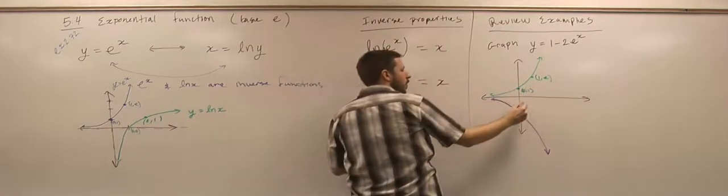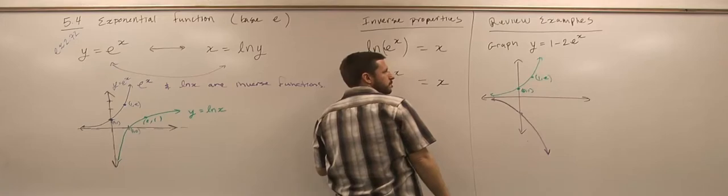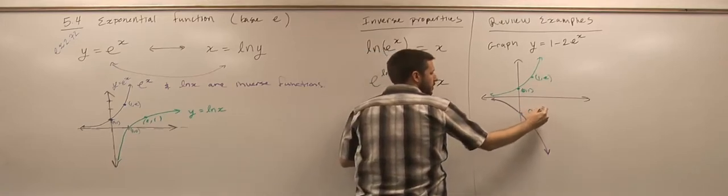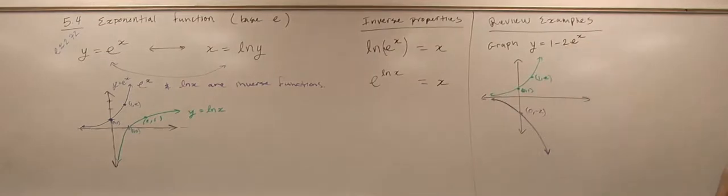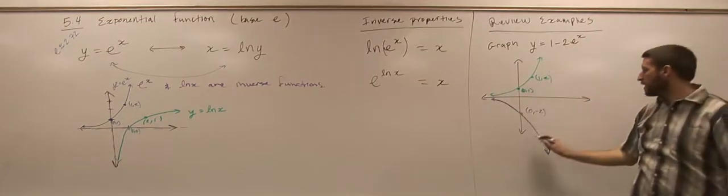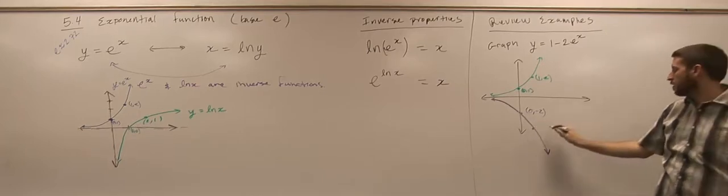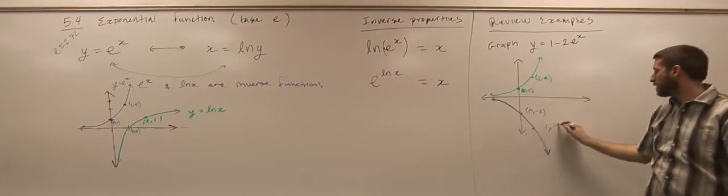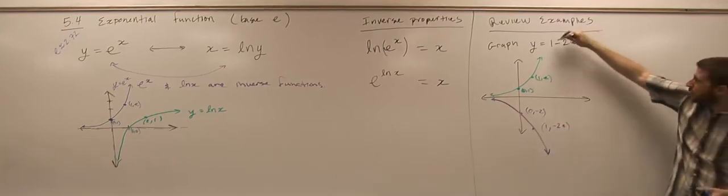So instead of being at 0, 1, what's it going to be at? 0, -2. Because your y values are all getting multiplied by -2. And instead of being at 1, e, it's going to be way down at 1, -2e. That's just this part.